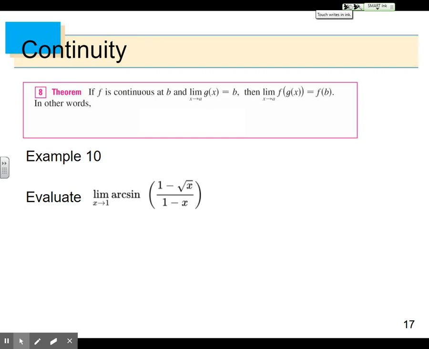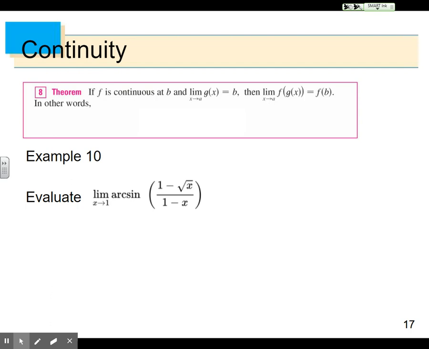Theorem 8, again, we'll name Theorem 8 in class. It says that if f is continuous at b, and the limit as x approaches a of g of x is equal to b, then the limit of f of g of x is equal to f of b.